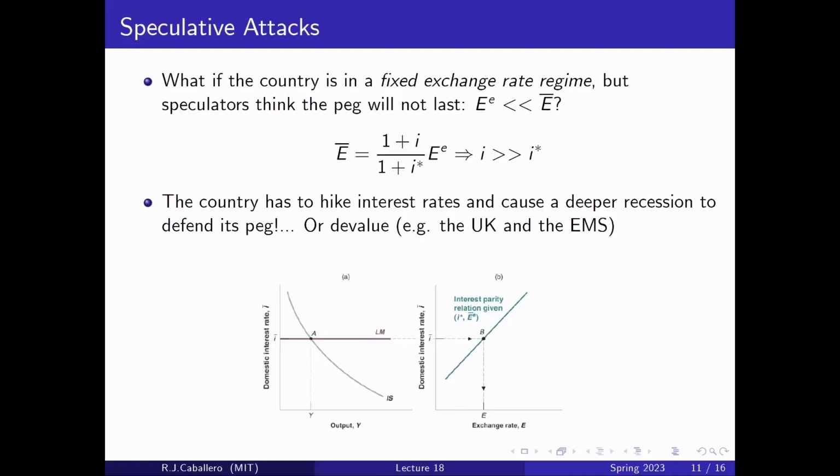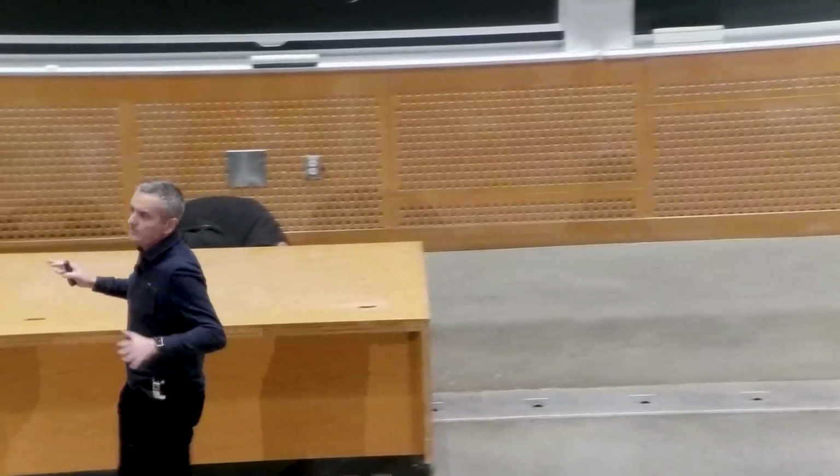Another situation that I mentioned, which happens all the time, every other day in Argentina, for example, is speculative attacks on the currency. You want to have a fixed exchange rate, but the markets don't believe that you're going to be able to keep it there. So look at this equation here. Suppose you have a fixed exchange rate, but now the markets think you're not going to be able to sustain it. So suppose that this term starts going down. That happens again in Argentina every other day, probably every single day.